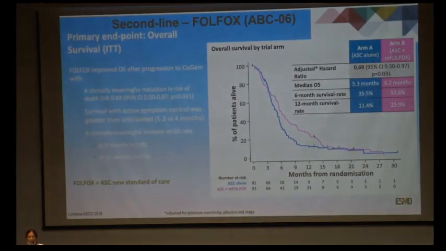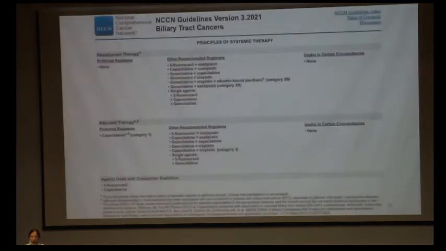In second line treatment, FOLFOX has been approved as the preferable treatment, and this chemotherapy regimen has shown an increase of median overall survival to 6.2 months over 5.3 months for supportive care only. So these are the treatment regimens we are using.